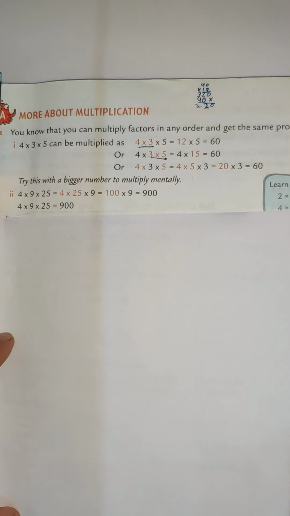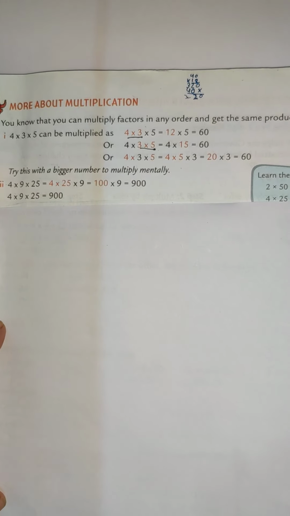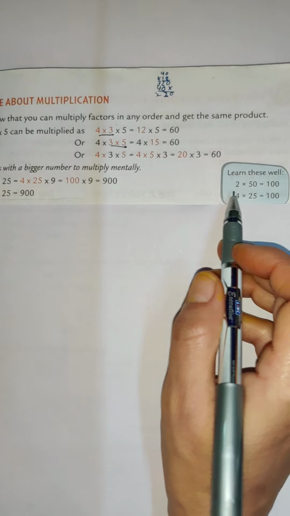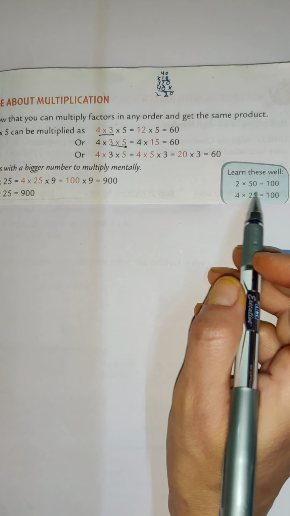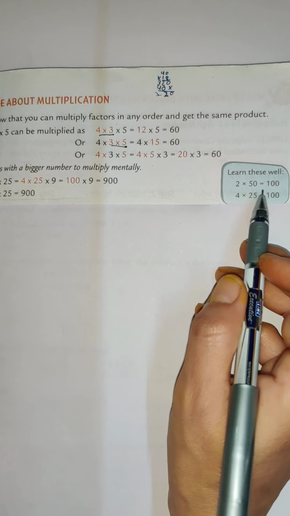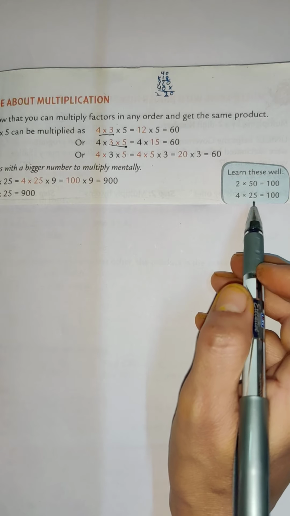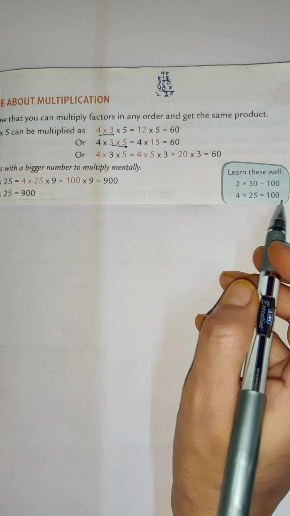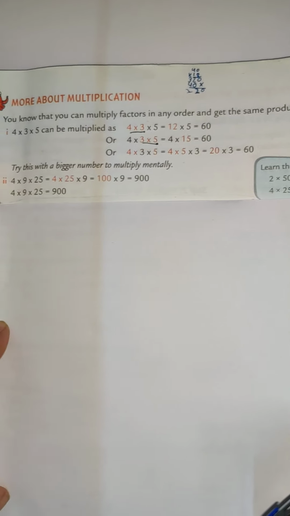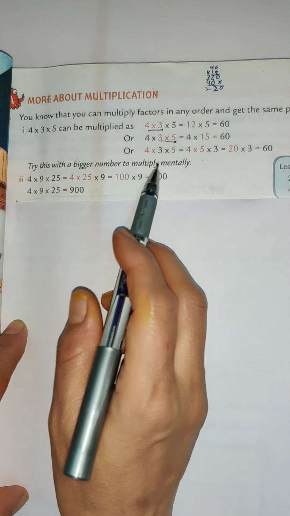Now apart from these, children, we have done some more about multiplication. We have learned some strategies. For example, we have learned that we can use shortcut methods to multiply, like 2 50s are 100 and 4 multiplied by 25 is 100, and we can use the grouping property to multiply bigger numbers mentally.